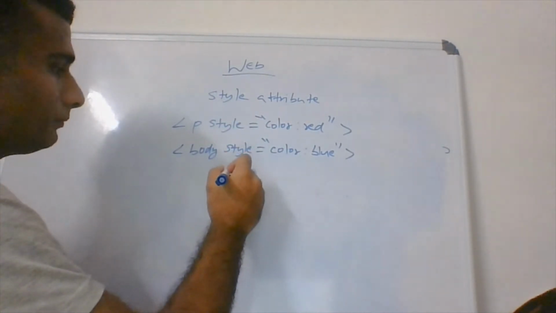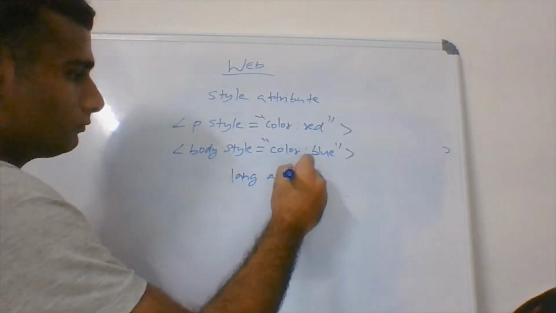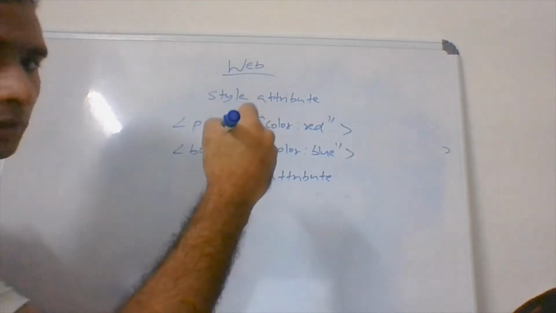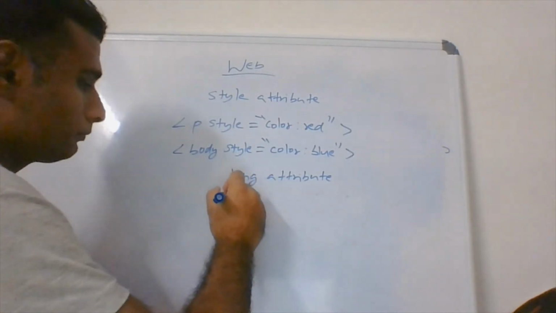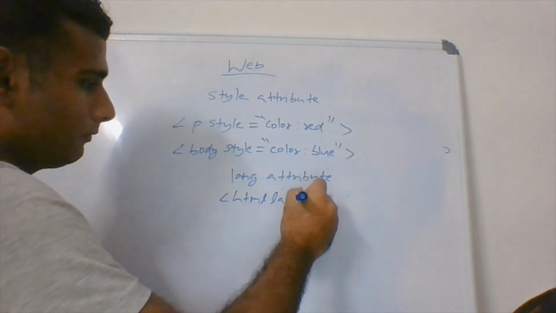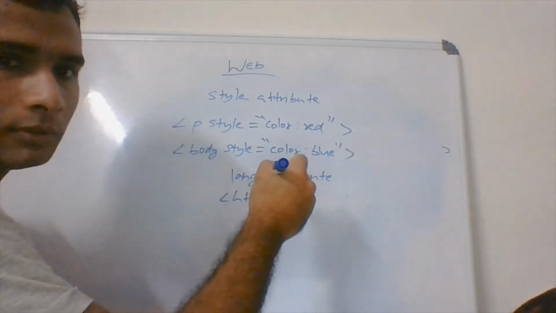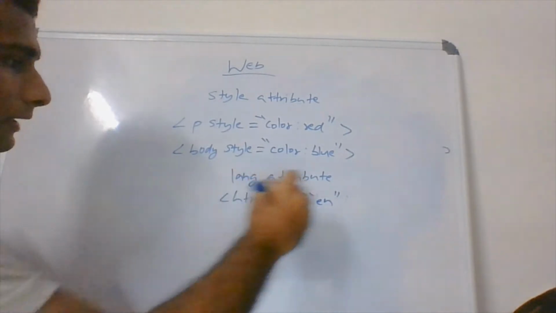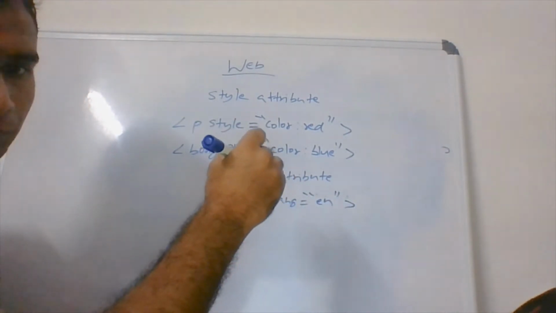Now let us see language attribute. This is a language attribute. So here we are giving the language English to the HTML document.